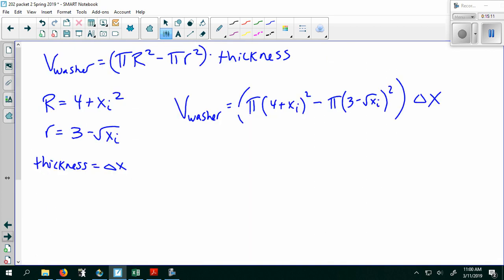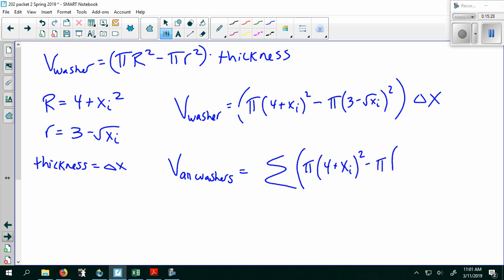So the volume of all my washers is just a sum of all of the single washers. So I'm going to have pi times (4 plus x sub i) squared minus pi times (3 minus root x sub i) squared, times delta x. That's one washer.